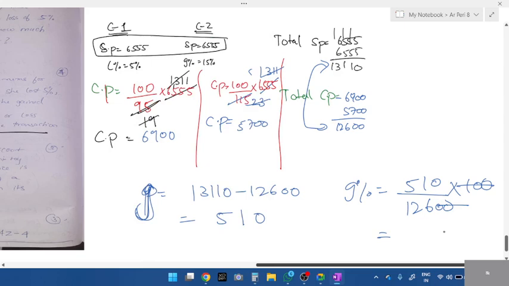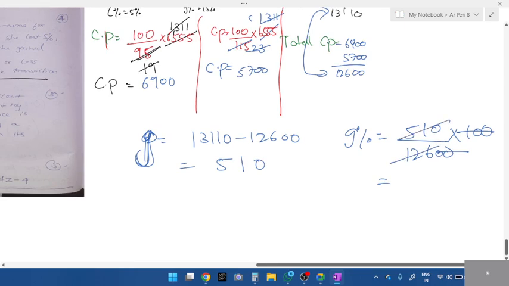Complete it. How many times 2 goes in 126? 63 times. And in 510? 255. Right? Oh, correct, correct. 255.